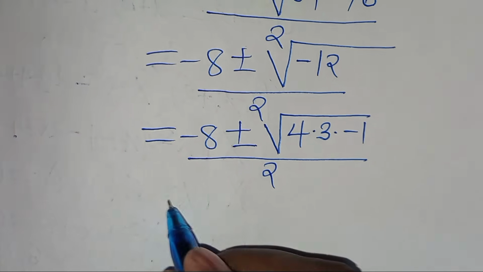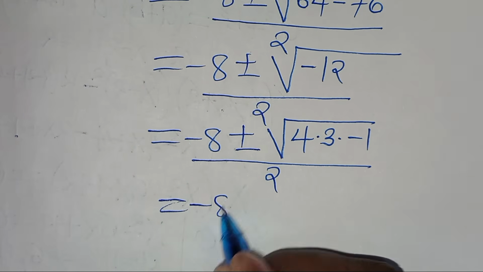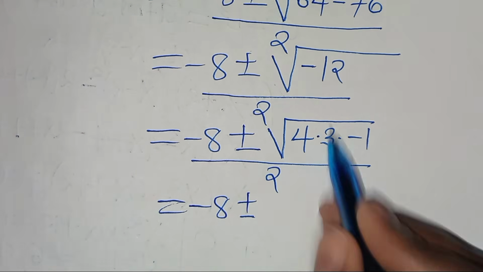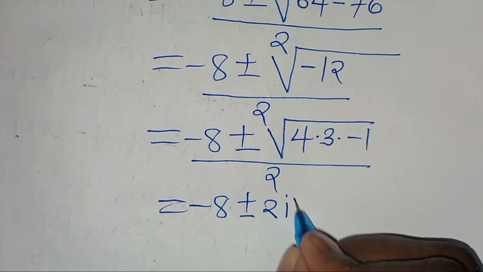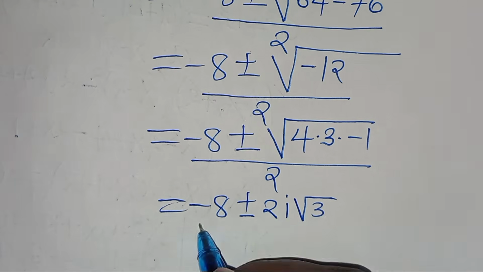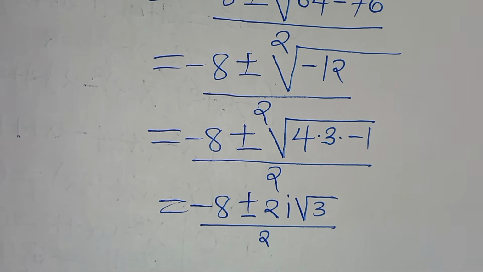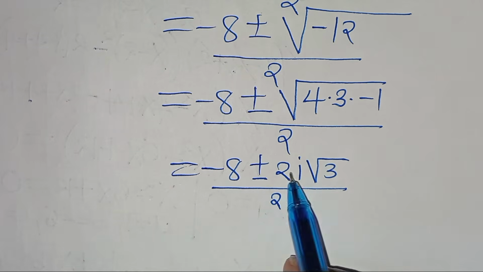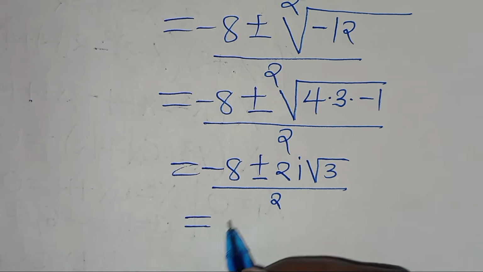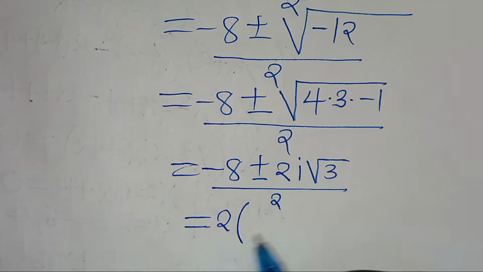So therefore, here we have minus 8 plus or minus the square root of 4, this is 2, then square root of minus 1, this is i, then square root of 3, everything divided by 2. In the numerator, you find that 2 is common, so we can factor out 2 into the parentheses.